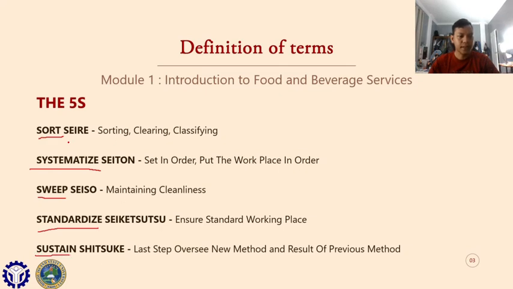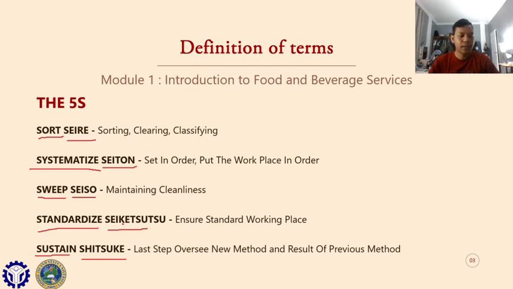In Japanese, since the Japanese originated the 5S, the Japanese for sort is seiri, for systematize is seiton, and the Japanese word for sweep is seiso. Standardize is seiketsu, and then sustain is shitsuke.